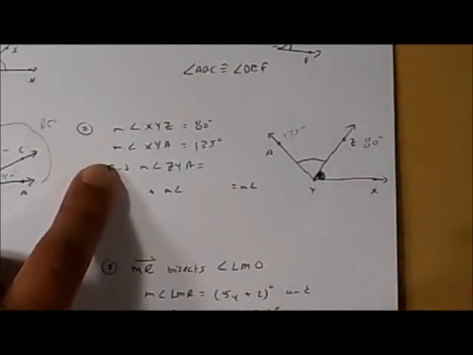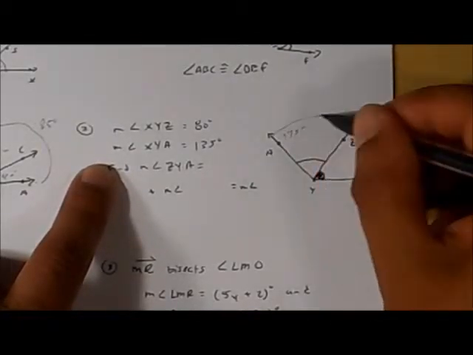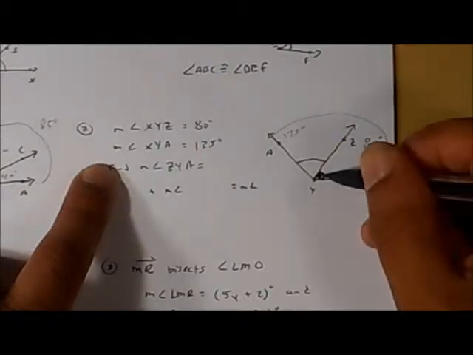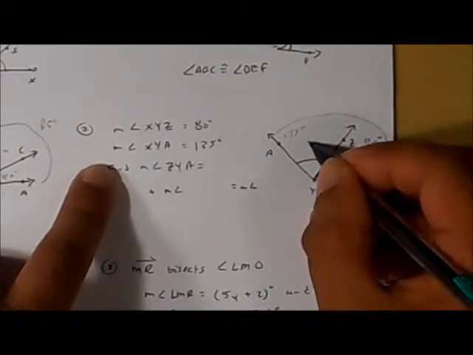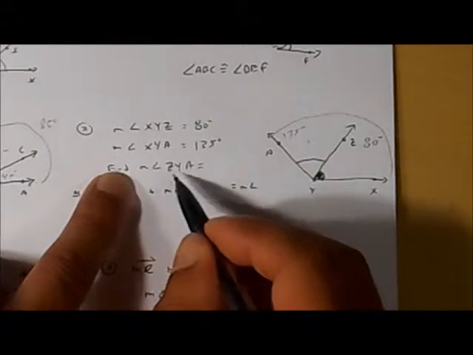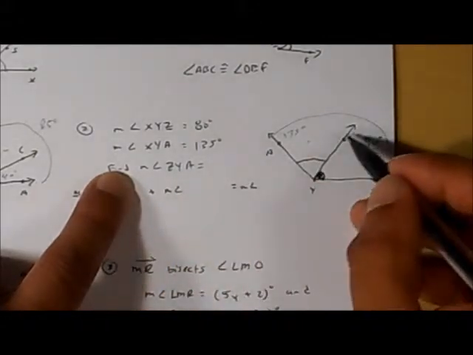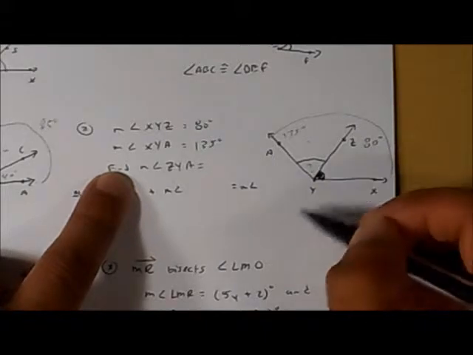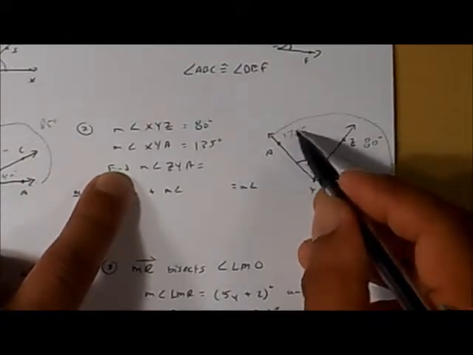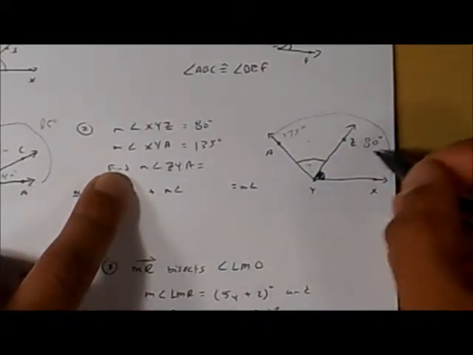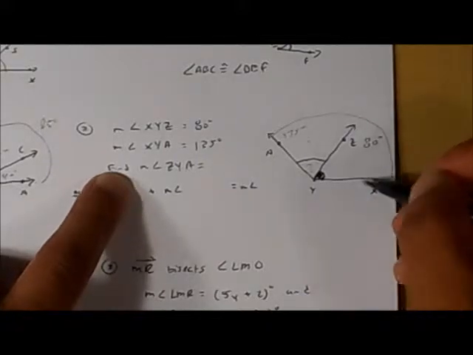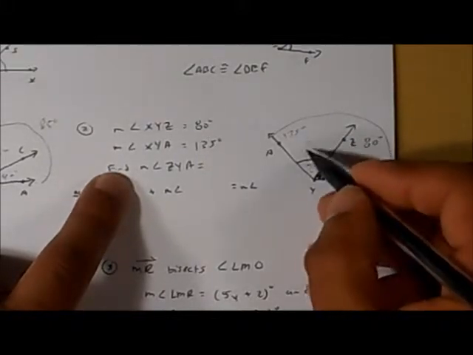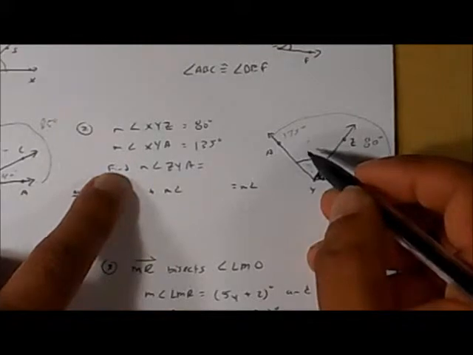So they gave us how long the big angle is, they gave us how long the small angle is, so we're asked to find the measure of angle ZYA. We're asked to find this angle right here. By looking at 135, the big angle, and 80 degrees, the smaller angle, what do you think this angle needs to be?